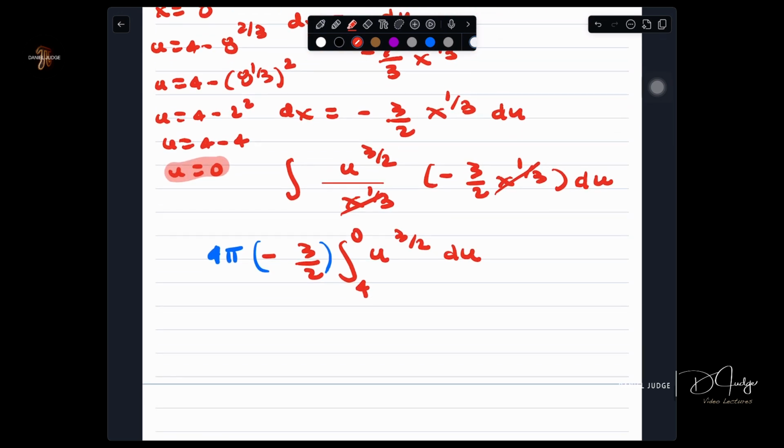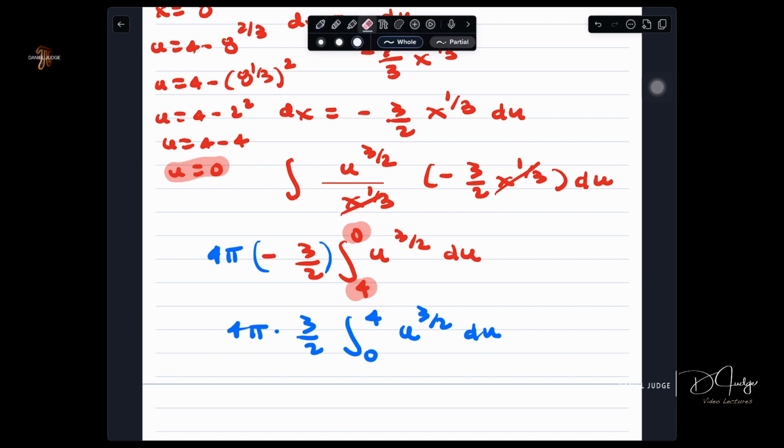You look at this and you say, hey, these limits can be reversed if I factor out a negative sign. So we have 4 pi times a positive 3/2, and that can change this to 0 to 4, u to the 3/2 du.